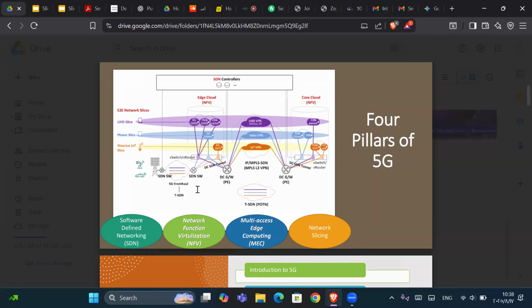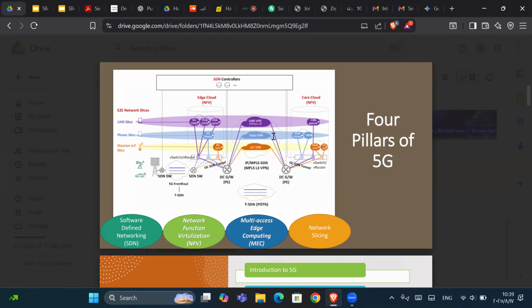You have SDN, software-defined networking, connected with switches and routers, which are virtual in the core of the 5G network. And we have the DC gateway, connected to the Internet of Things virtual network, voice network, and UHD network, and all of them are virtual and providing different services, but on a common hardware structure.